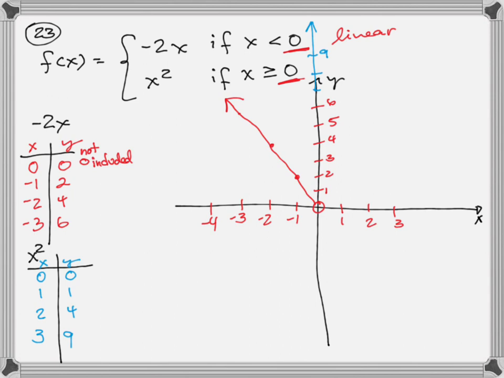I'm going to graph this point. And that point, 0, 0 with the x squared function, is that a solid one or an open circle? Solid. That one is solid because that's actually included. So I'm going to plot my blue point right in the middle of my red open circle. And then I have 1, 1, 2, 4, and 3, 9.